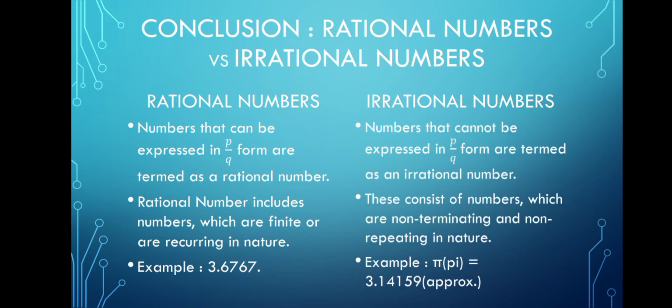Numbers that cannot be expressed in p by q form are termed irrational numbers. This consists of numbers which are non-terminating and non-repeating in nature. Example, pi, which is approximately 3.1415. To know the pi value up to 50 decimal places, you can refer to the video pi value with 50 decimal places on this channel itself.